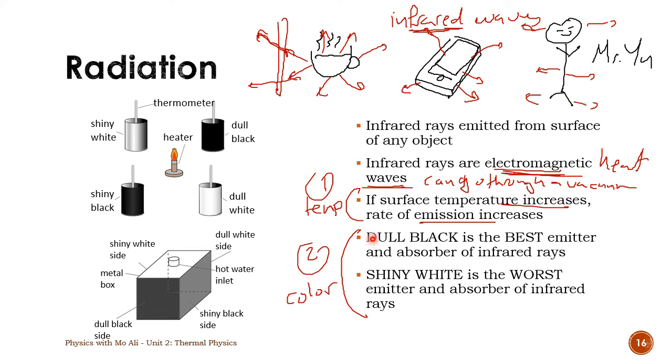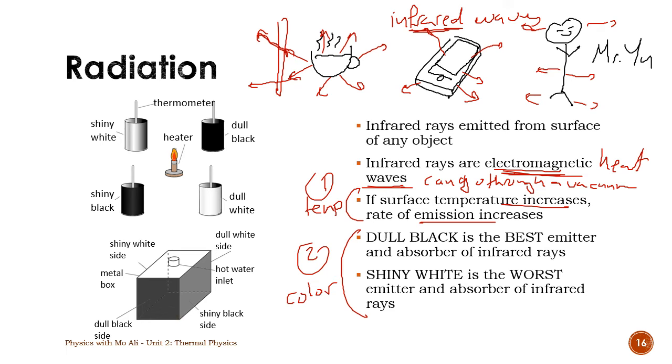And the second is the color, and this is really important too. Black is what we call the best emitter and absorber of infrared waves, whereas white is the worst absorber or emitter of infrared waves. But before we talk about the best or worst, what do we mean by emitter and what do we mean by absorber? An emitter is something that's going to give out heat.